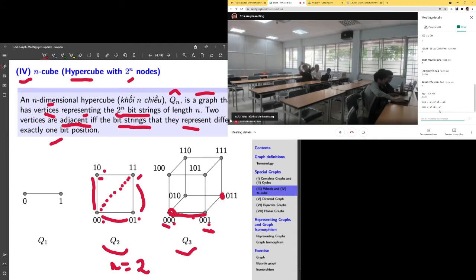Then you have to define the concept we call the Hamming distance. Copy the chat box information, please. We define the Hamming distance between two nodes U and V by this notation: summation over index i, where you get Ui minus Vi.